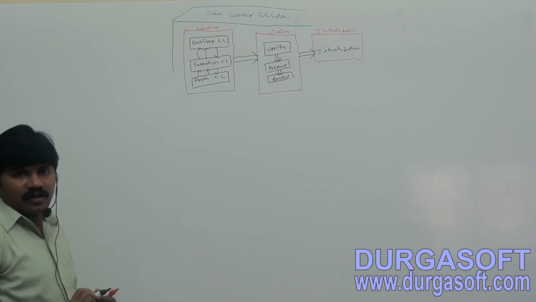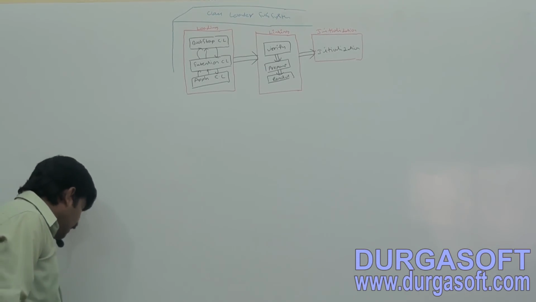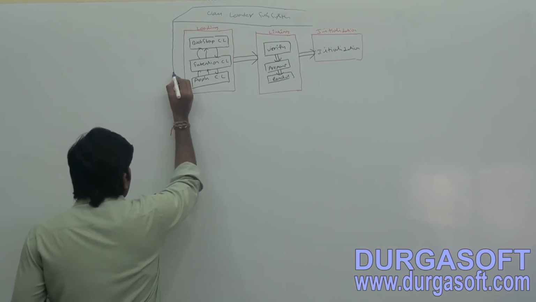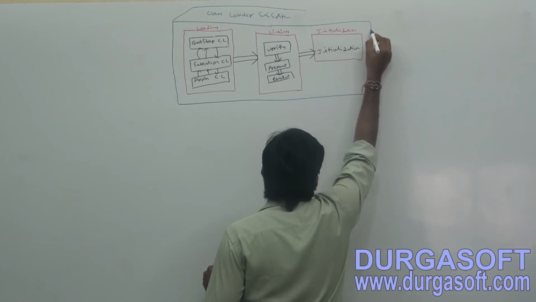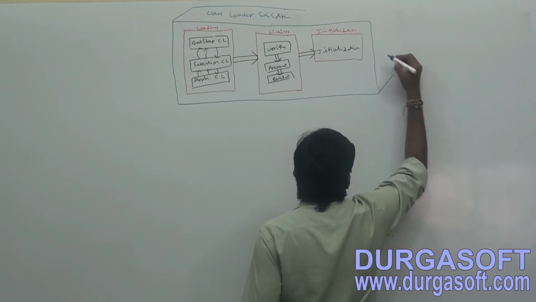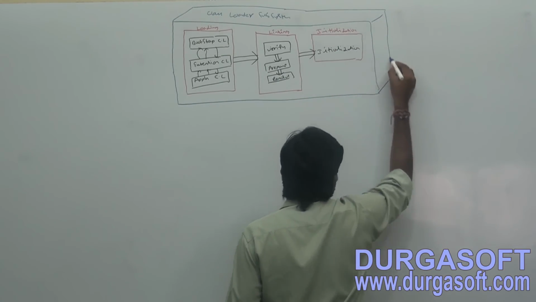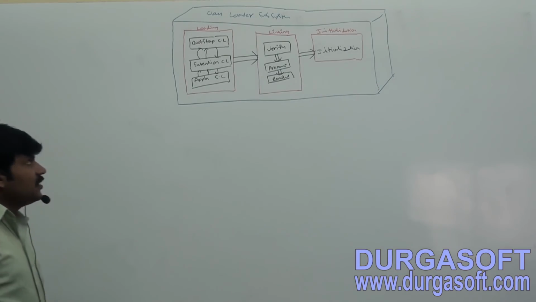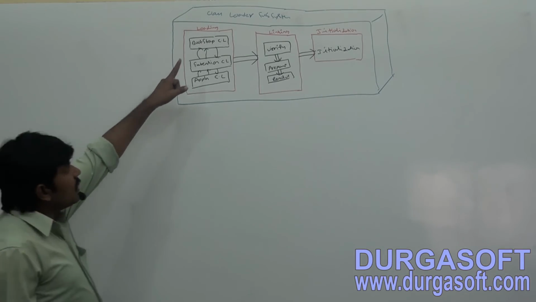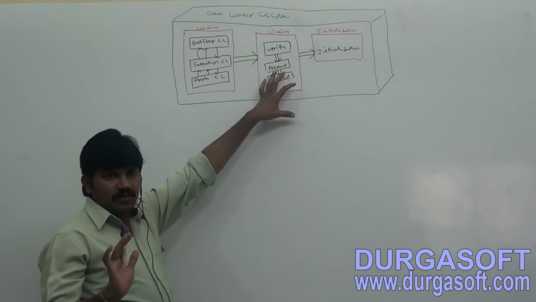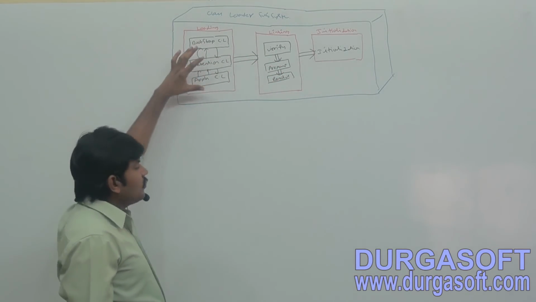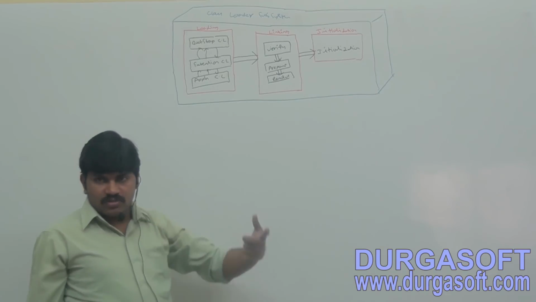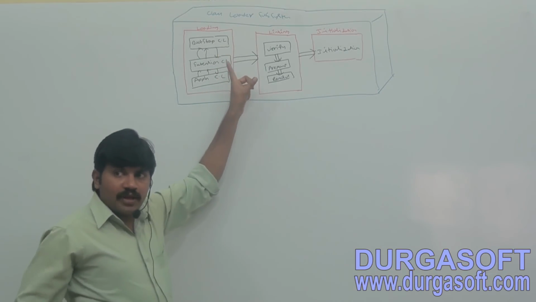I hope it is clear for all of you, right? This total thing, who is responsible? The class loader subsystem is responsible for loading, linking, and initialization. How many types of class loaders are there? What is the role of a class loader? What is the algorithm followed by the class loader?